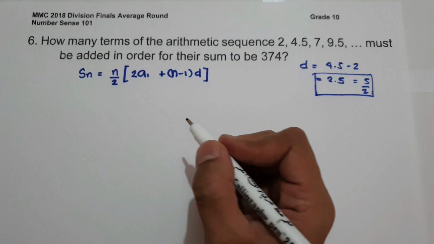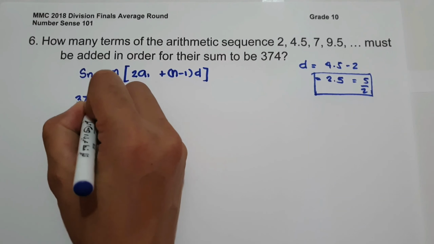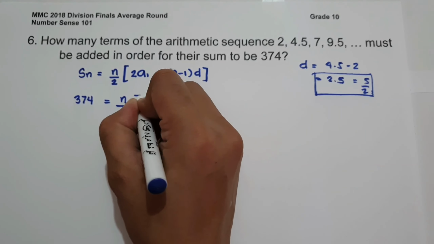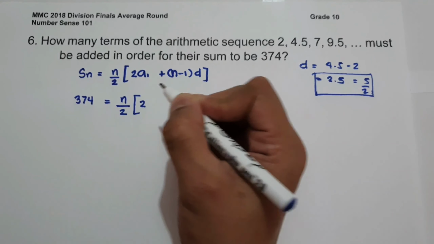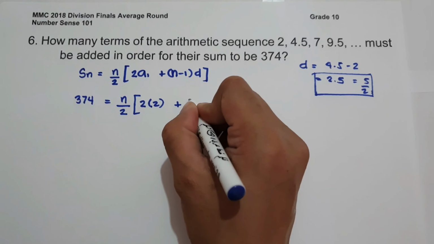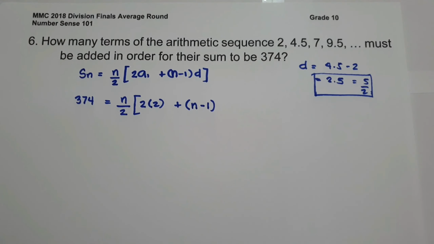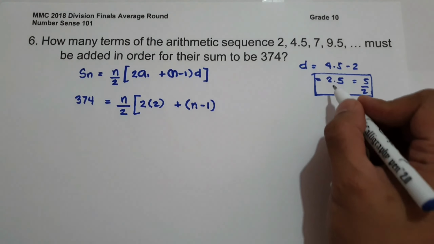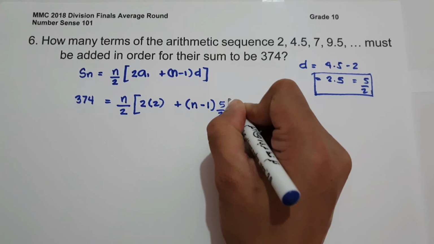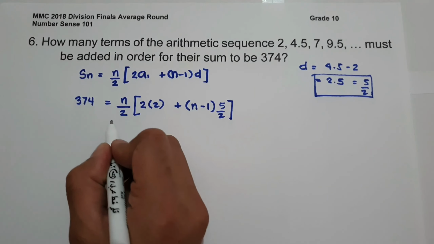So let us substitute the given. Since their sum is 374, 374 equals n over 2 multiplied by 2 times a sub 1, that is 2, plus n minus 1 multiplied by the common difference, that is 2.5 or 5 over 2. Let us multiply 374 by 2.